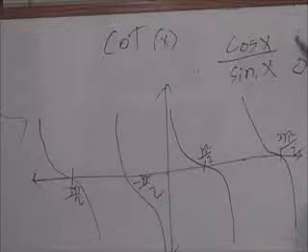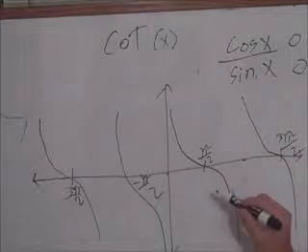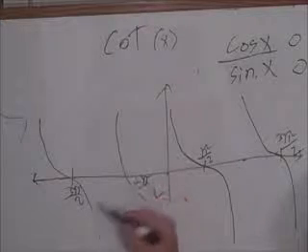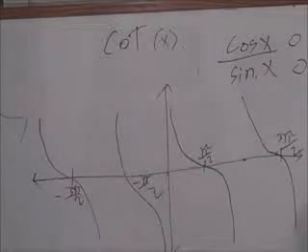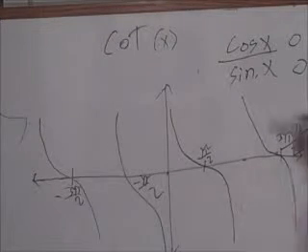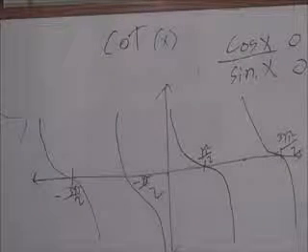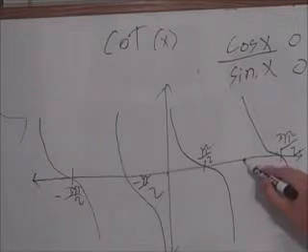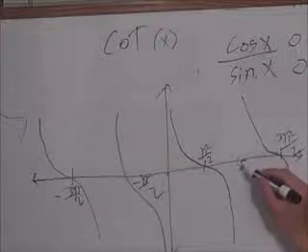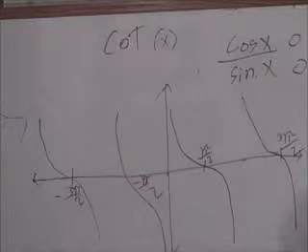So whenever cosine x is 0, such as at pi over 2 and 3 pi over 2, negative pi over 2, and negative 3 pi over 2, then cotangent x will equal 0 as well. And wherever sine x equals 0, there will be an asymptote, such as right here and here, at 0, and then at pi, negative pi, and so on.